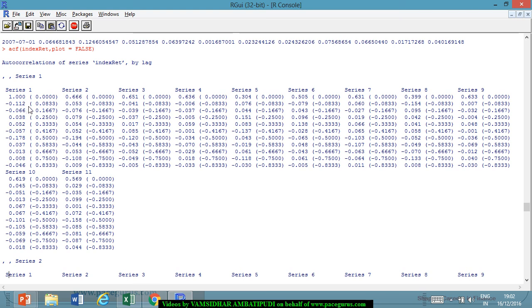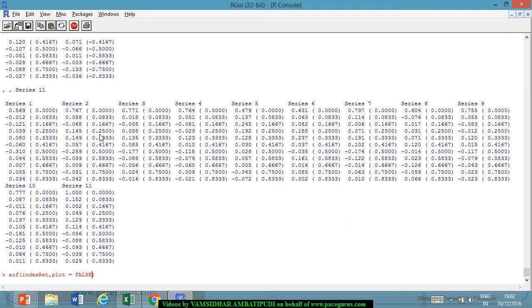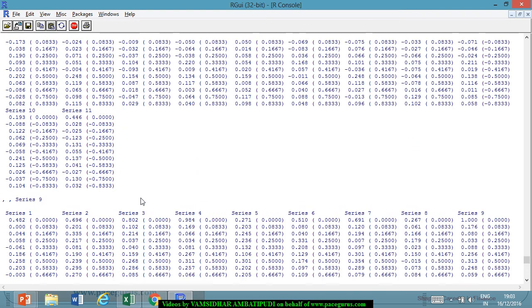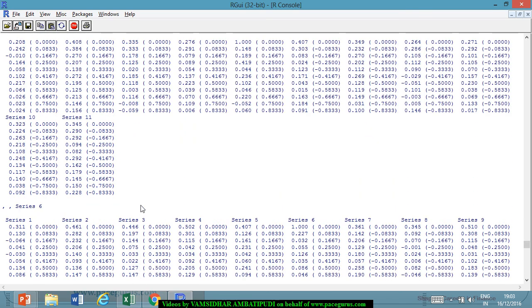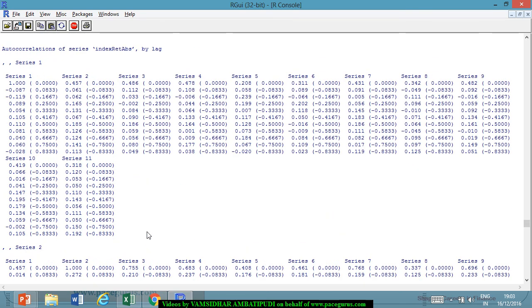Oh, I have to take it per index ret abs. Now let me try looking at it. So this is how the correlation is moving, 0.11, 0.11, some kind of correlations started existing.